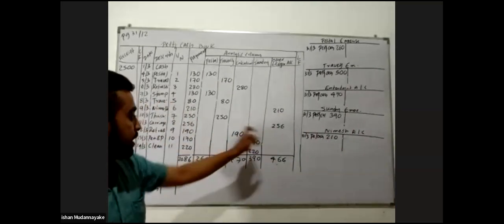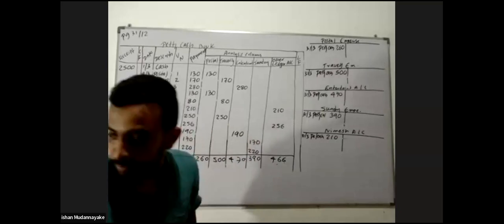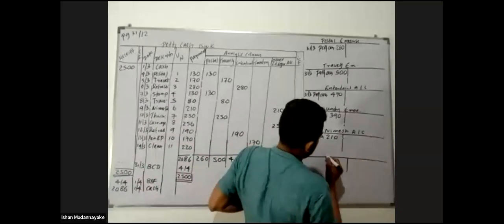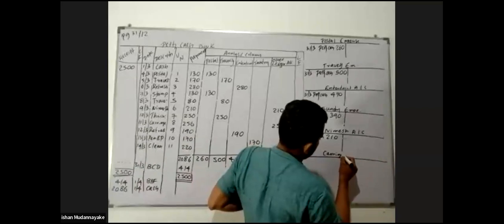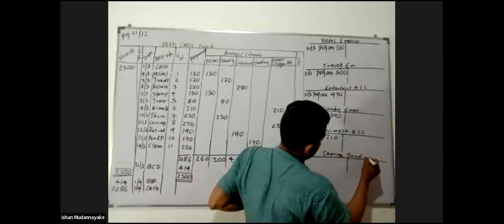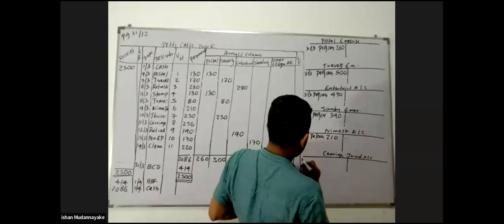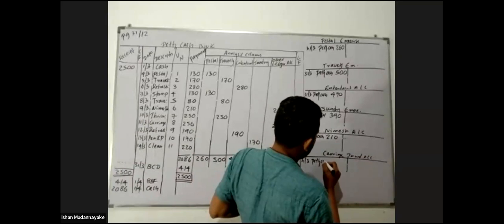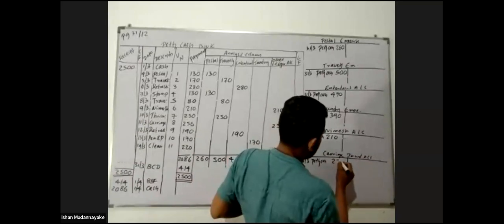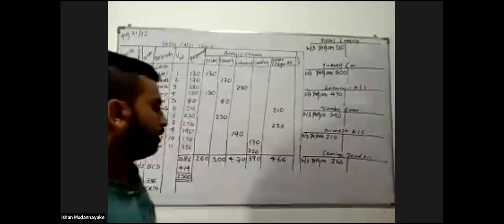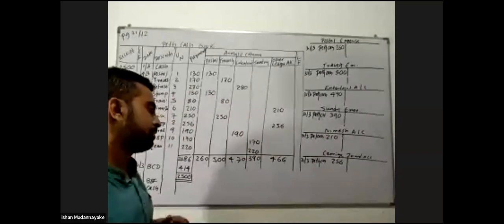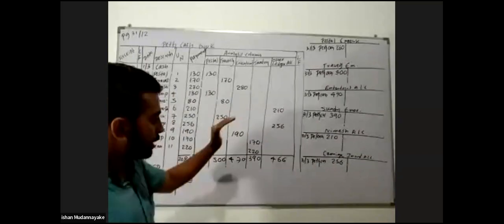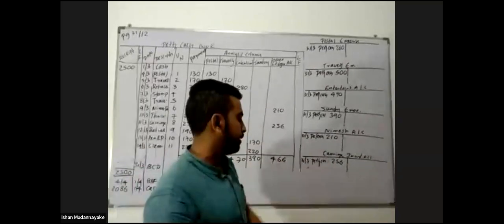And then 256 carriage inward. Carriage inward account, 31st March, petty cash 256. Petty cash account credit, carriage inward account debit 256.